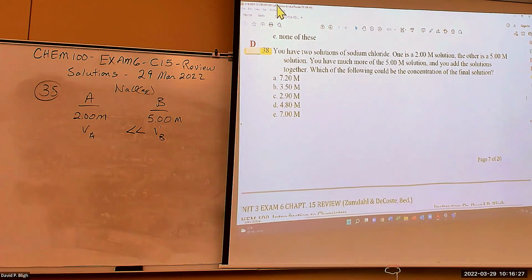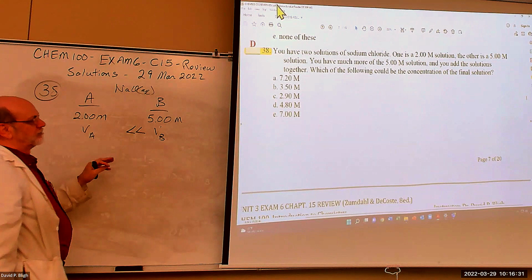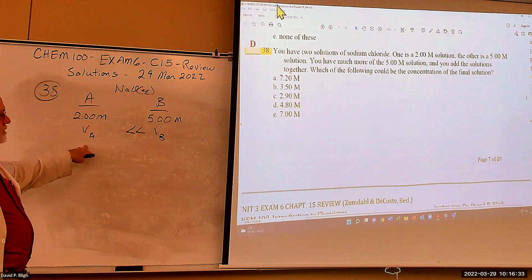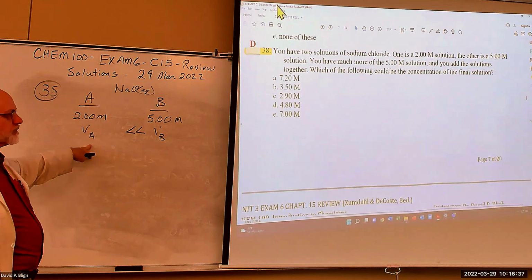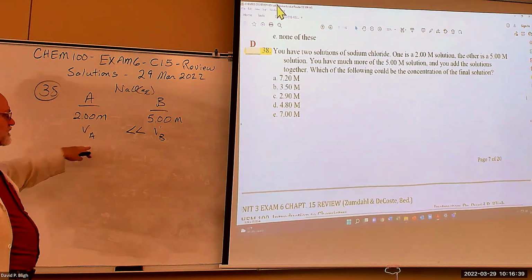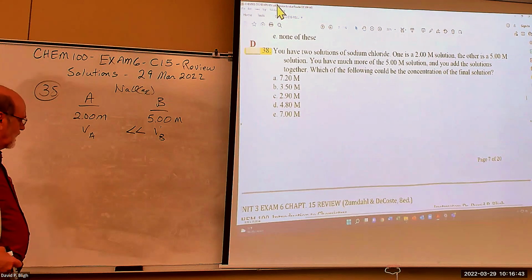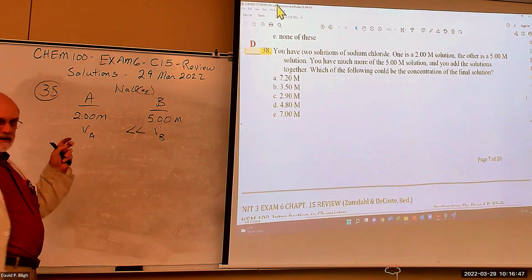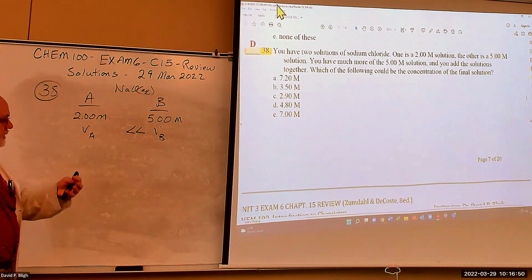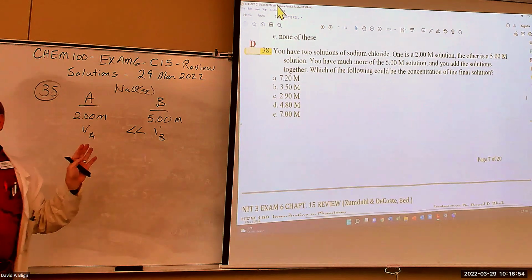You add the solutions together. Whatever volume you have, put them together. What's your concentration? Which of the following could be the concentration of the final solution? Now, if I propose, what would the concentration be if these two were equal?